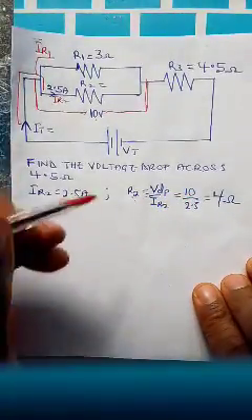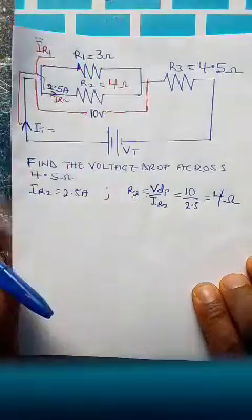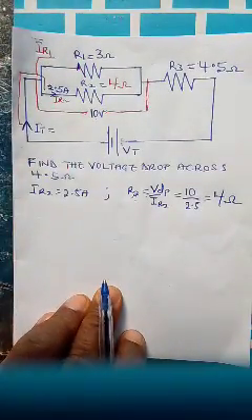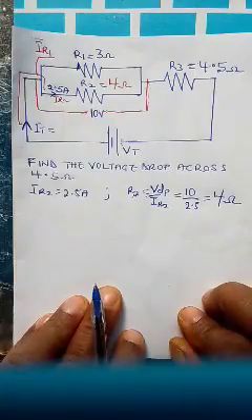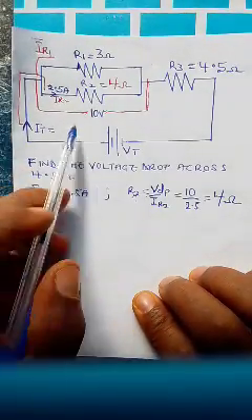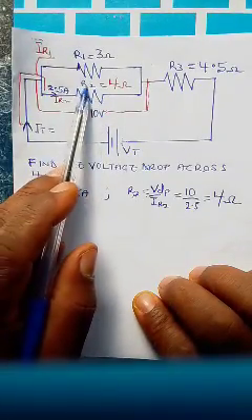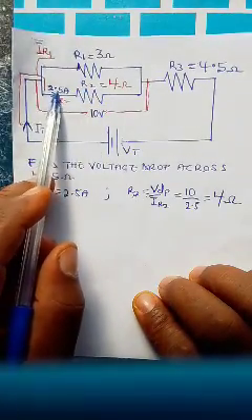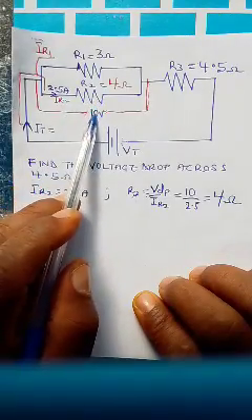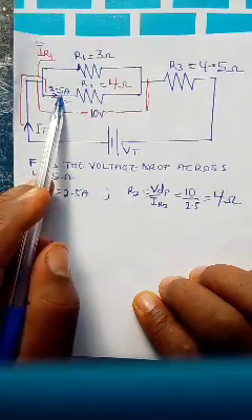Now let's go back and write 4 ohms at R2. Now we know R2 is 4 ohms, and 10 divided by 4 gives us 2.5 amps.